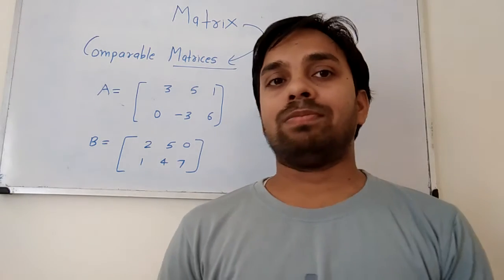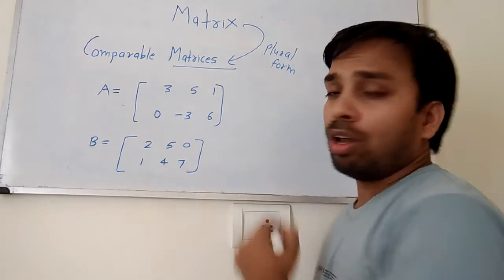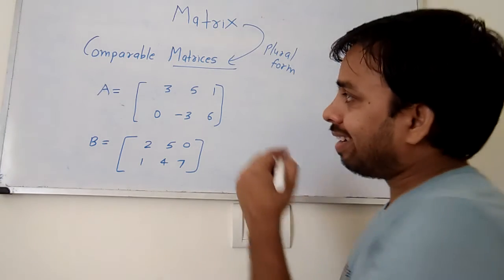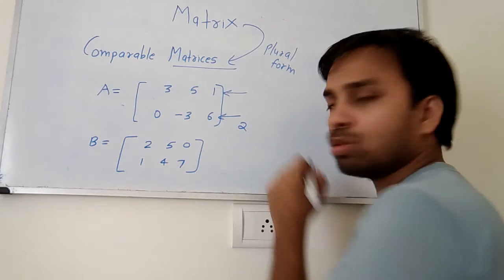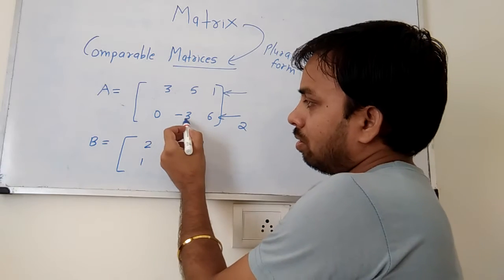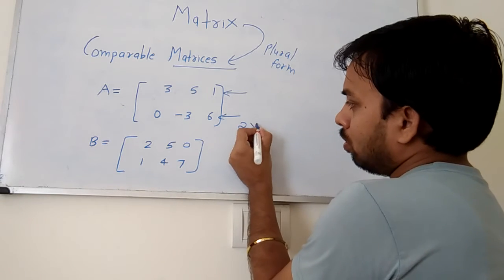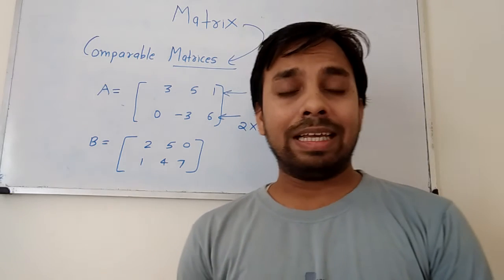You can check here. In matrix A, how many rows and how many columns? There are two rows and three columns, first, second and third. So the order of matrix A is 2 cross 3.